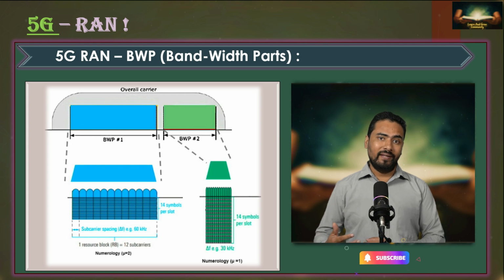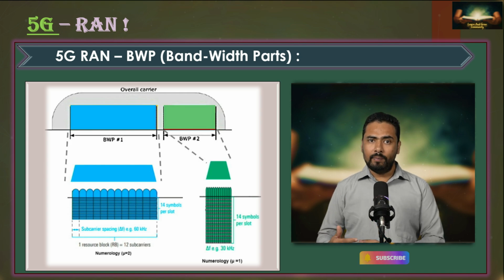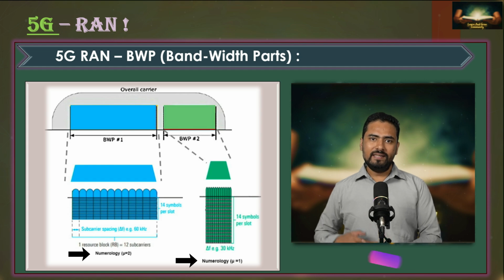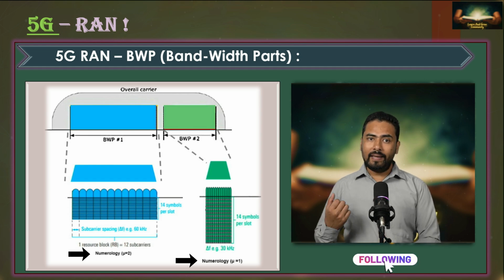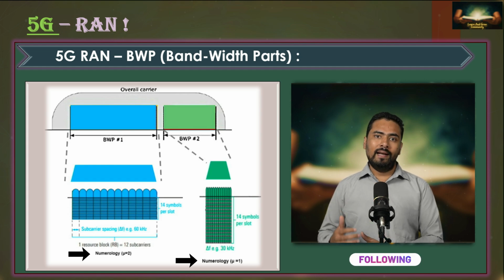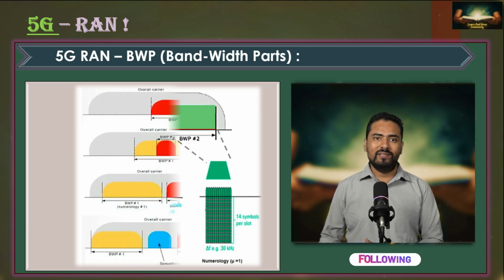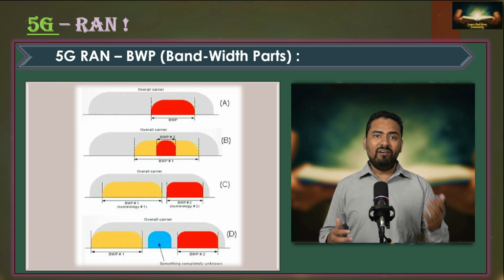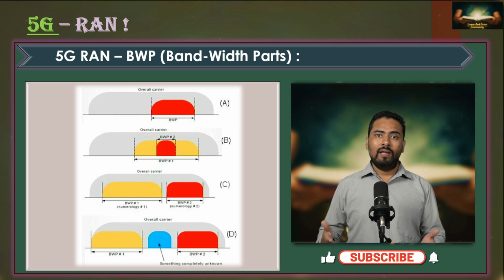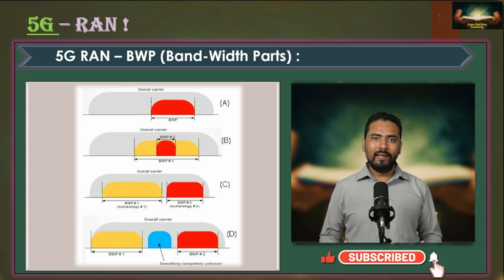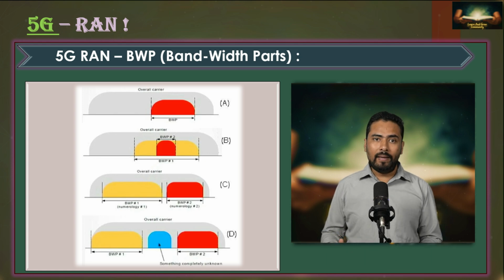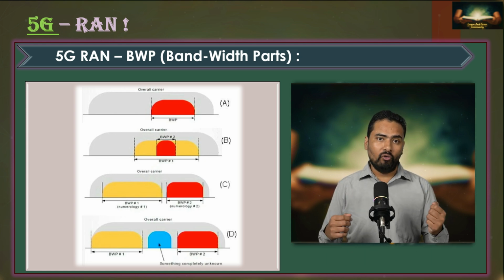Now here is the important thing: each of these bandwidth parts on a carrier can have different numerology. This means they can be completely different in subcarrier spacing, symbol duration and cyclic prefix lengths, etc. There is also a lot of flexibility in how the bandwidth parts can be set up in a carrier, as seen in the figure. A UE can be configured with up to 4 bandwidth parts, but only one can be active at any specific point in time.